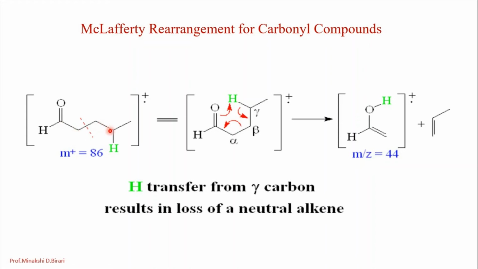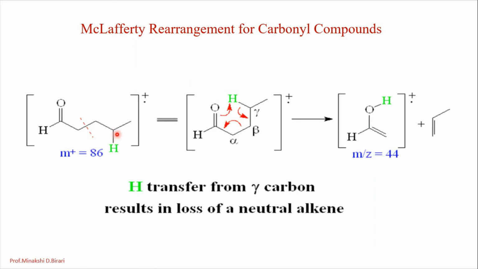As we know, only those molecules which satisfy the conditions can undergo McLafferty rearrangement. The first important condition is having pi electrons, it should have an abstractable gamma hydrogen, and also a suitably located heteroatom. All these conditions are present in the given example, so the McLafferty rearrangement is possible.